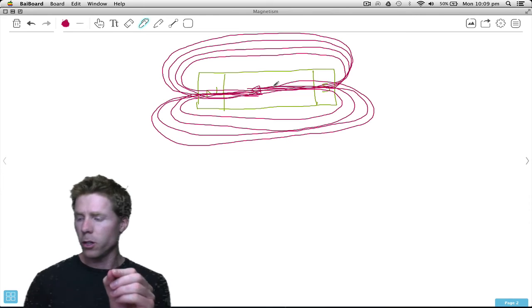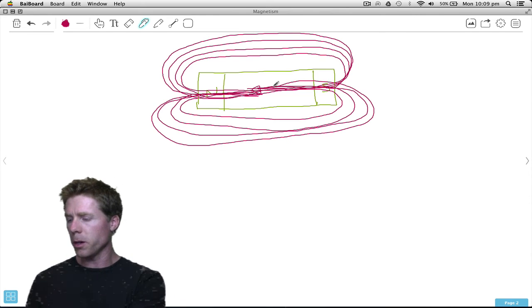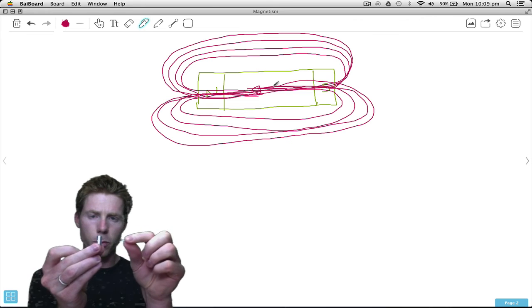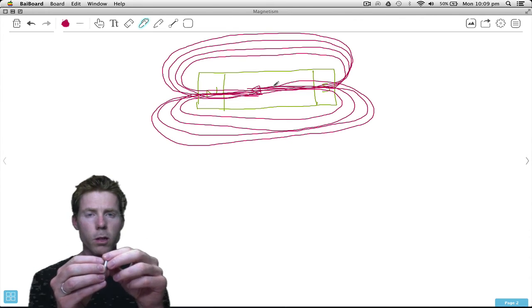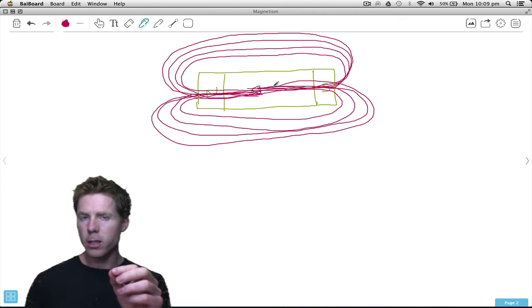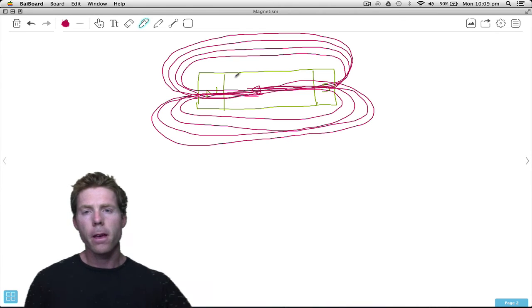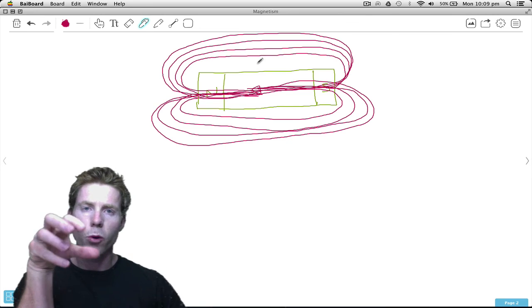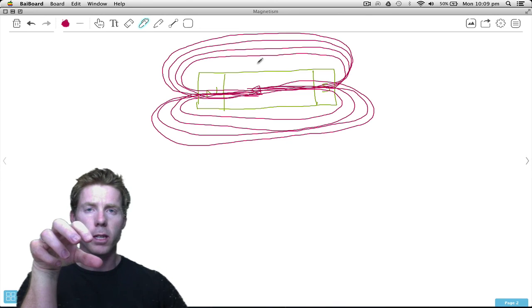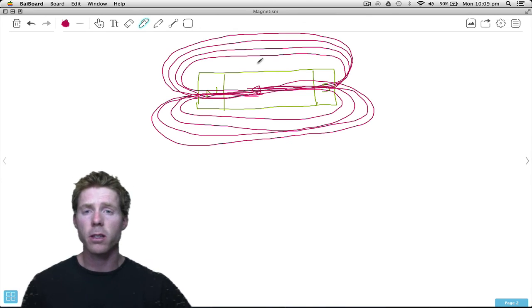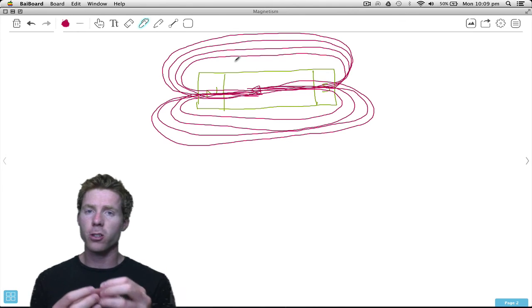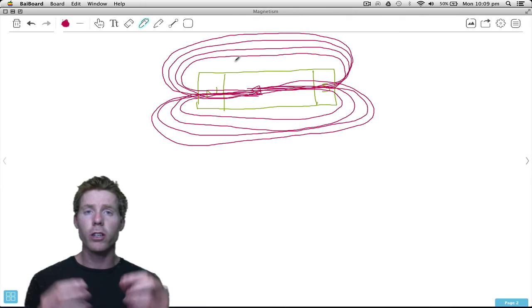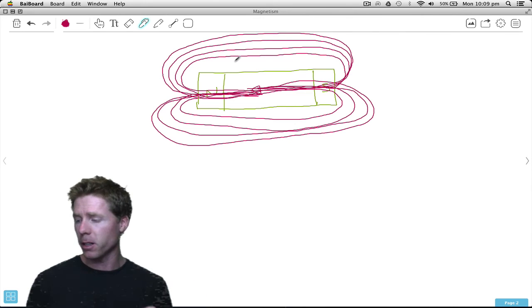Now the other thing I want you to notice is, just like with my demonstration over here, we had the bar magnet and I tried to put this to the middle and it just kept tending to want to go to one of the poles. So going by what I said with those lines, the closer they are together, or the more that you have of them in one particular place, then the stronger the magnet is. So notice that the strength of a magnet doesn't just change from one magnet to another, it changes within one particular magnet itself.